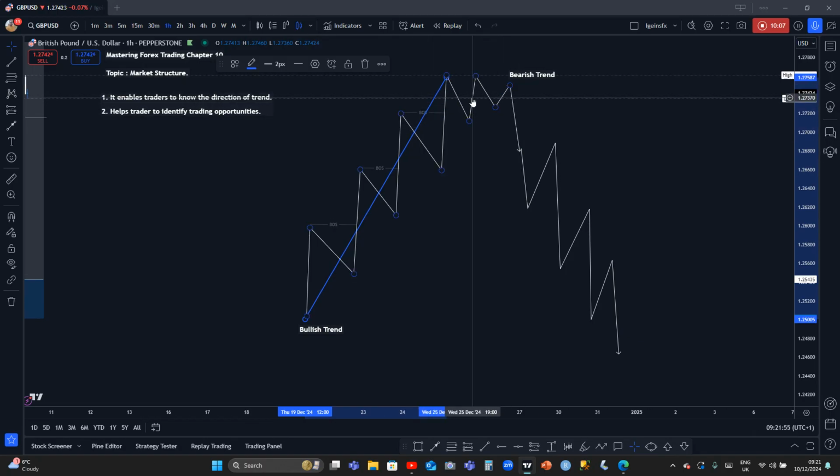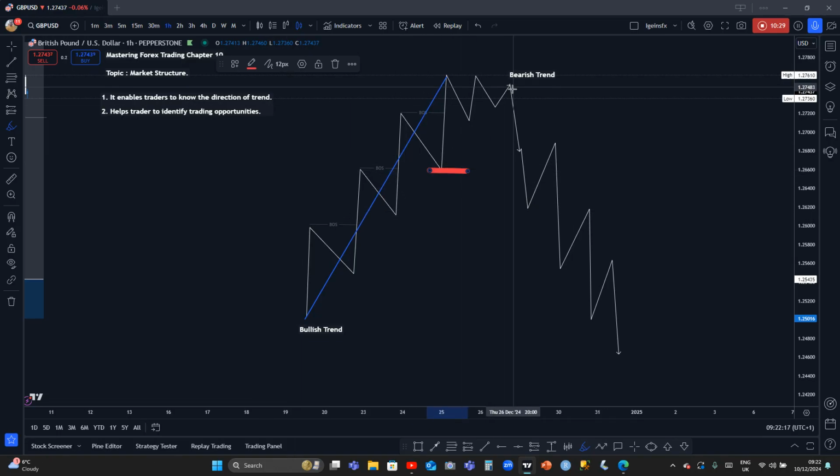Now, at this point, has the character changed? No. The only point where you will see the change of character happens is when this very one here, let me highlight it. It's only when this point is taken.